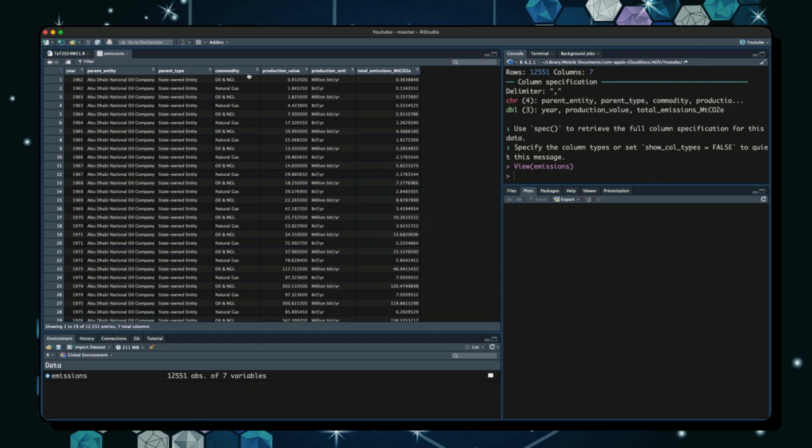So we've got oil, natural gas, coal, or cement. The production quantity is identified here with its unit. And finally, the most important information for us is in the column total emission. This gives us the total emission traced to the parent entity for a given year in million tons of carbon dioxide equivalent.